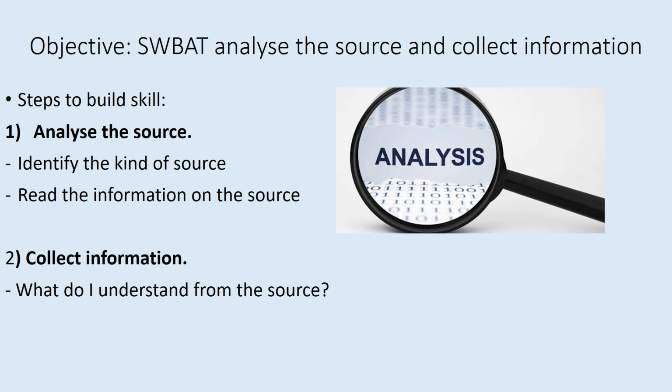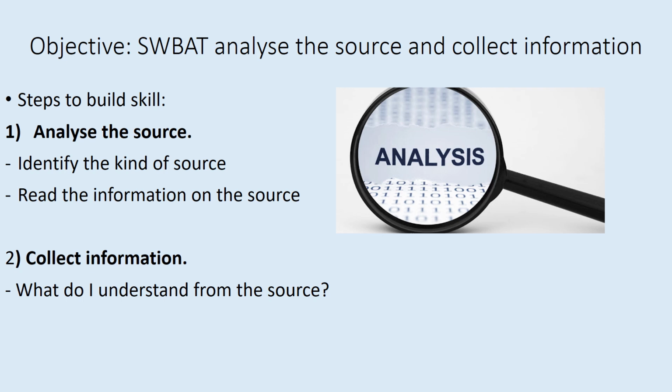The steps that we are going to follow today for analyzing the source is to identify the kind of source, whether it's a written source, oral source or material source, and then we will read the information given on the source.